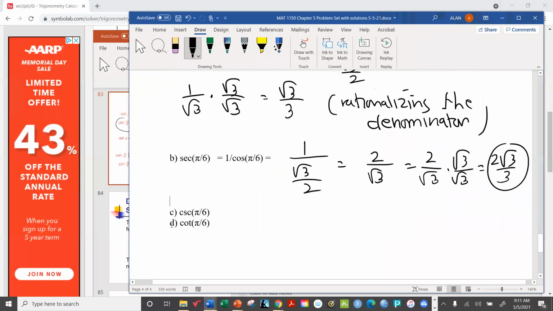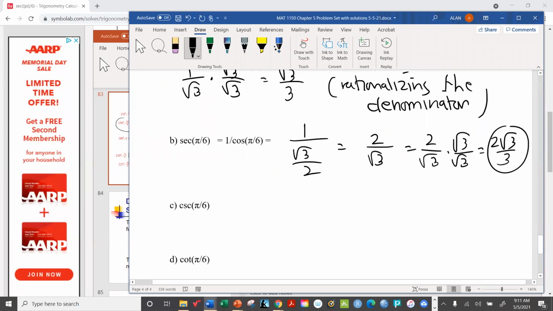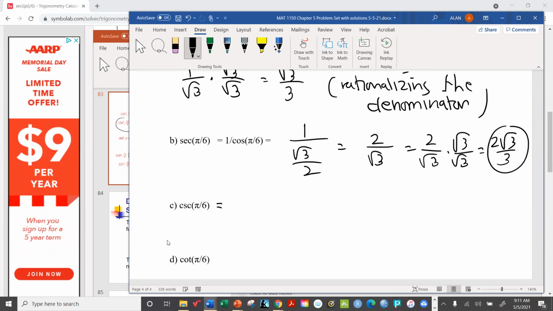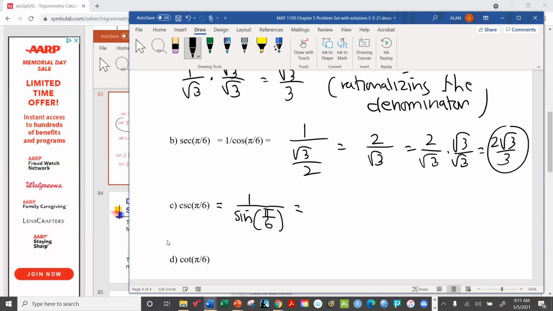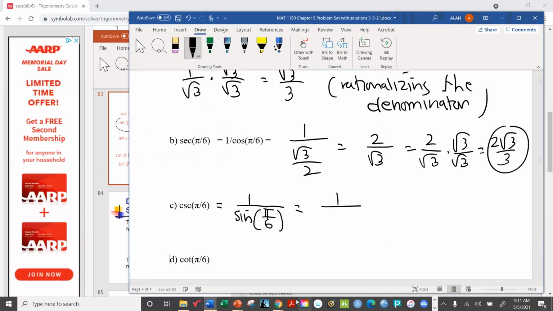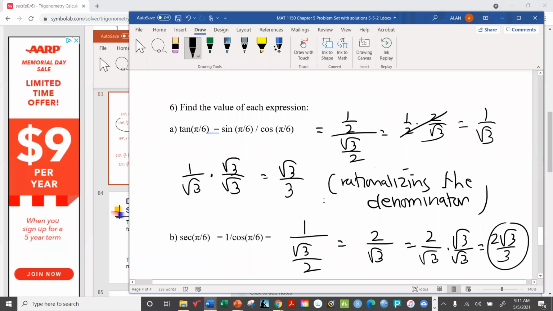All right. Now, cosecant is the inverse of the sine. So it's 1 over 1/2. Oh, that couldn't be any easier.